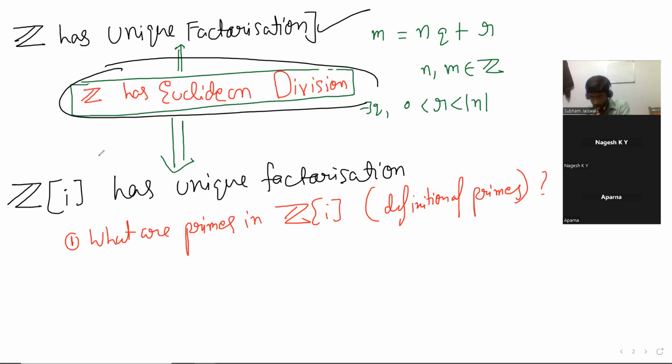Z has unique factorization, that's the fundamental theorem of arithmetic, but we want to now go beyond that and say that Zi also has unique factorization.